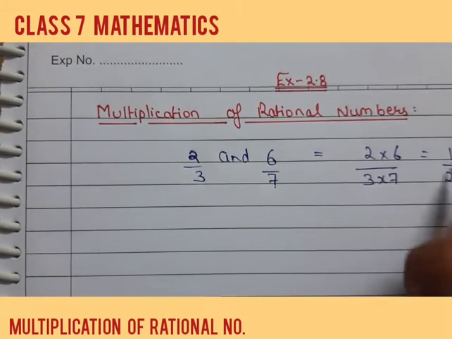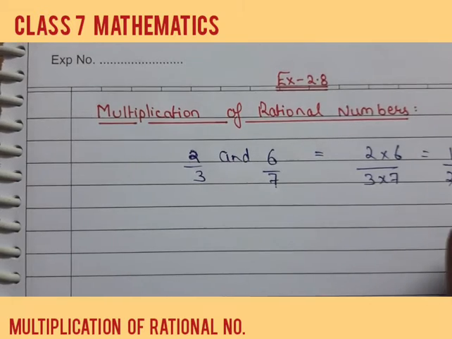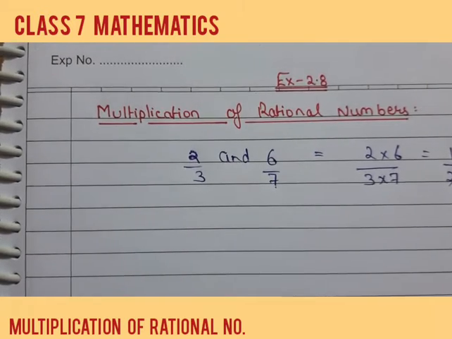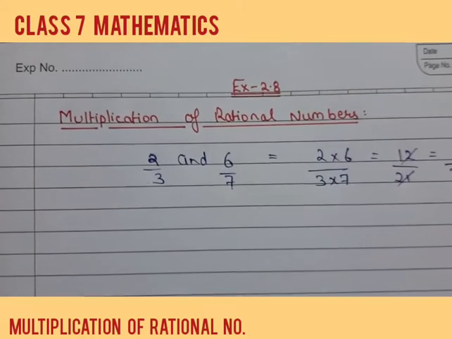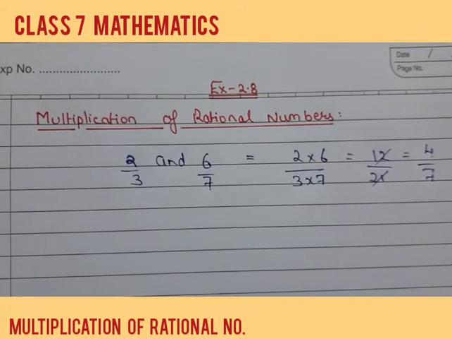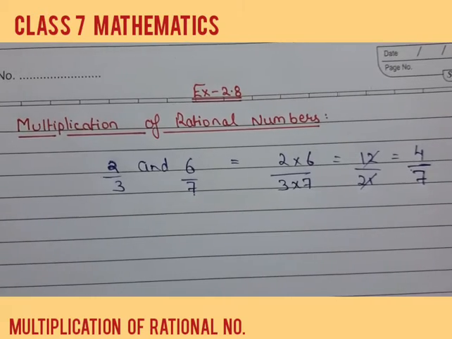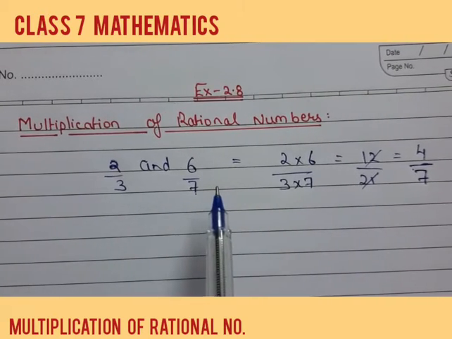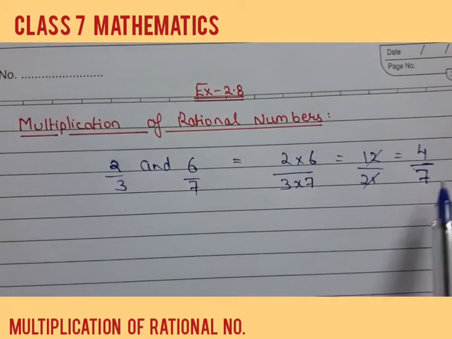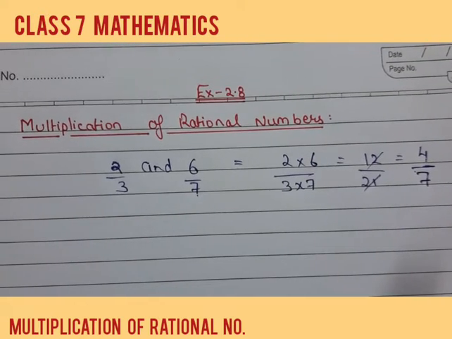If we cut it, we get 4 upon 7. That is, on multiplying two rational numbers, the result is always a rational number only.